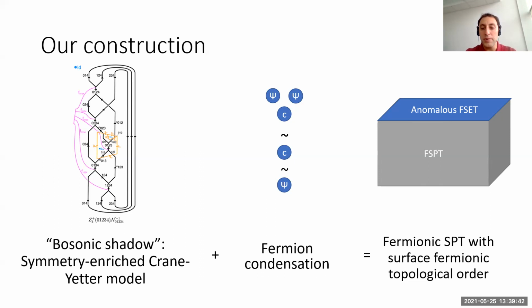We're then going to use the fermion condensation procedure to condense that fermion. So we're going to turn that fermion into a local excitation. And what will come out at the end is a fermionic SPT with surface fermionic topological order. So let me now discuss each of these pieces.